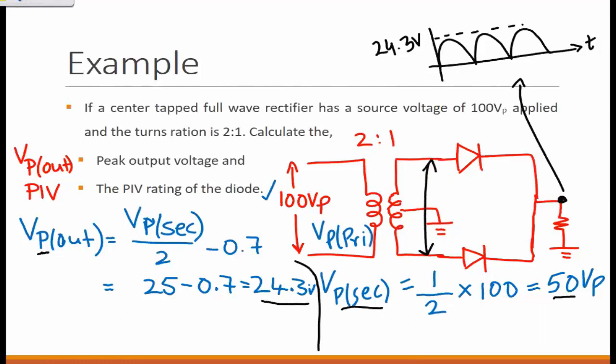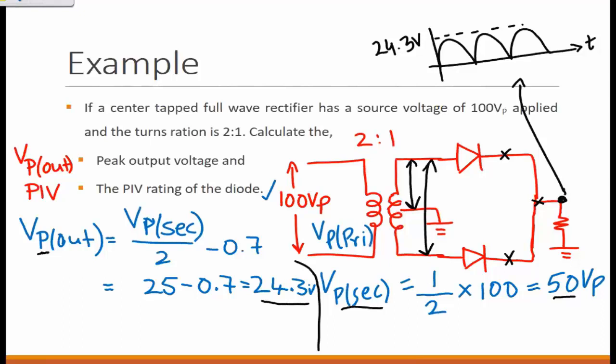That's 50 volts, correct? When you halve it, that's only to the center tap. And then when you take away 0.7, that's available right here, either here or here. Both are combined here. Pretty much it's the same thing.